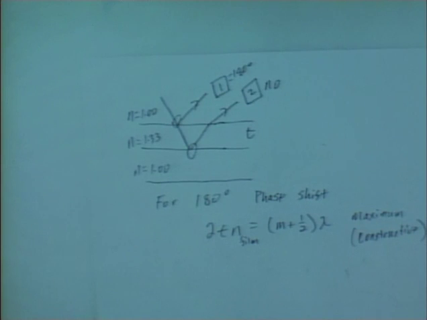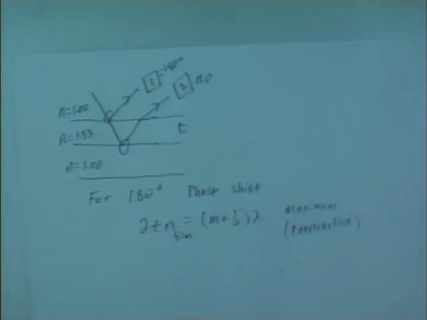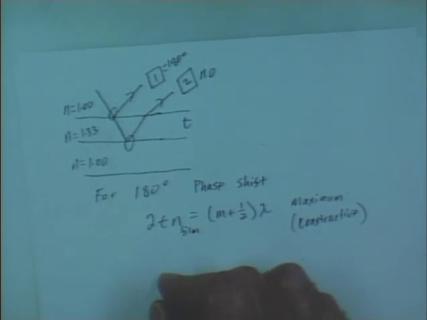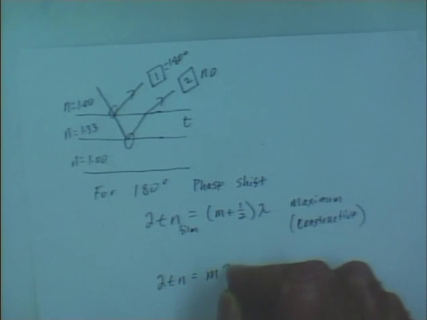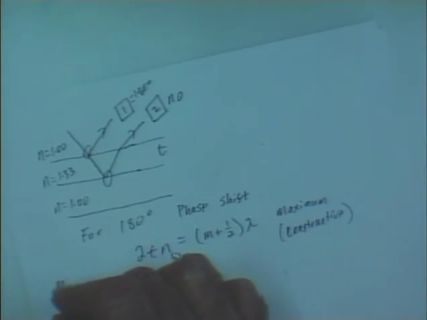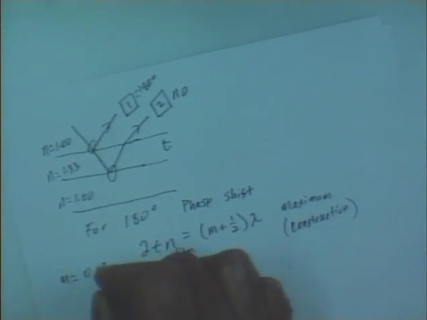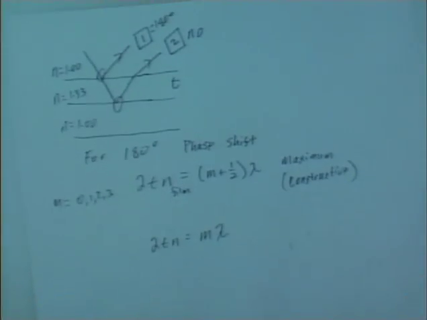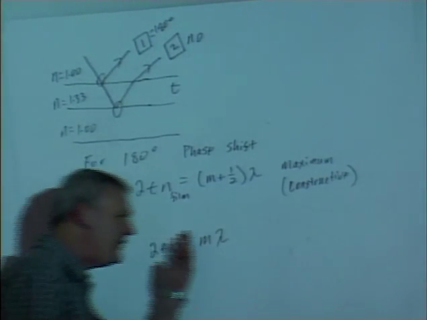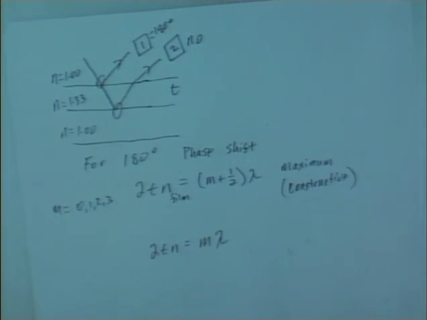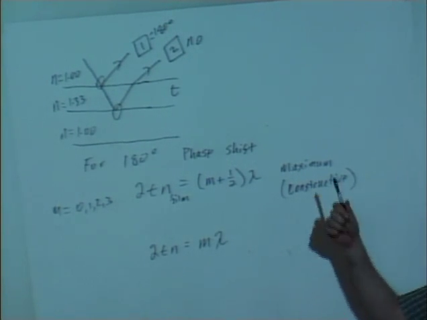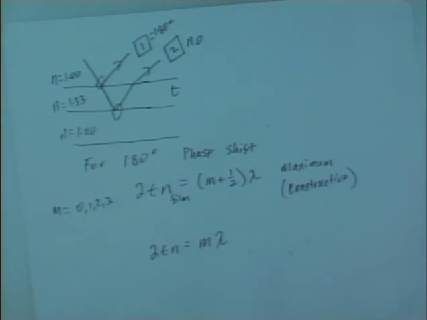Now, if I have 2t times n equals m times lambda, oh, by the way, what does the m equal? 0, 1, 2, 3, depending. That's how we find, in other words, for me to see this thing, that thickness has to be an integral multiple, m, of constructive interference.